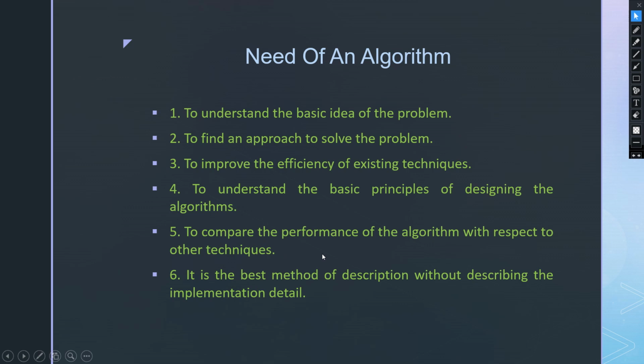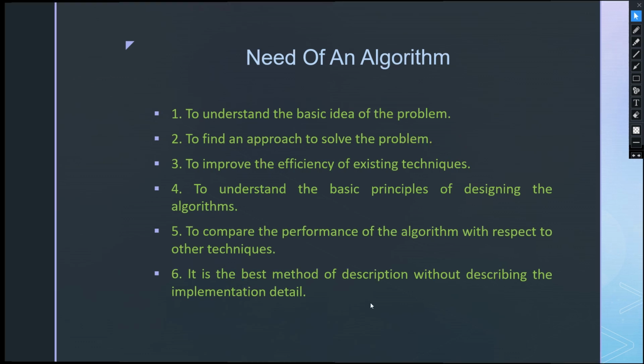It is a better method of describing a solution without describing the implementation details. If we try to solve a problem, we need to understand the basics of the problem, its approach, its efficiency, its basic principles, its performance, and the best method to implement it.